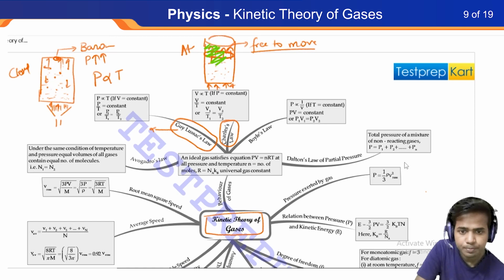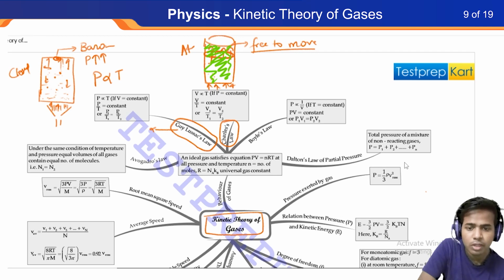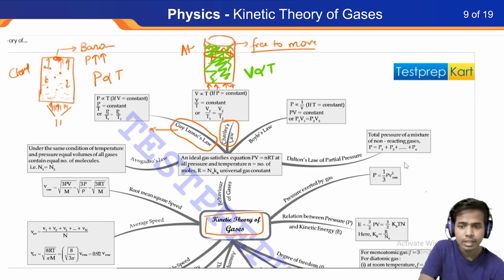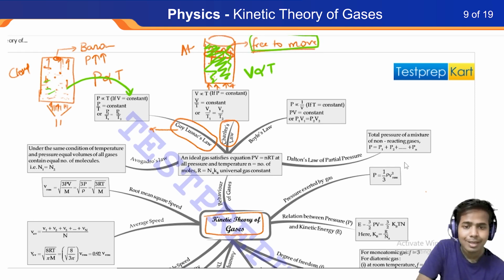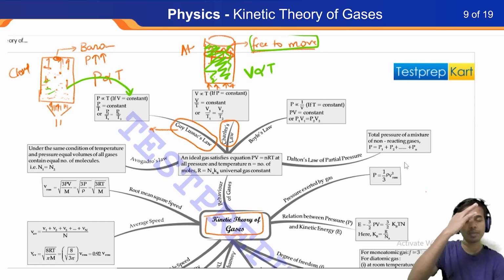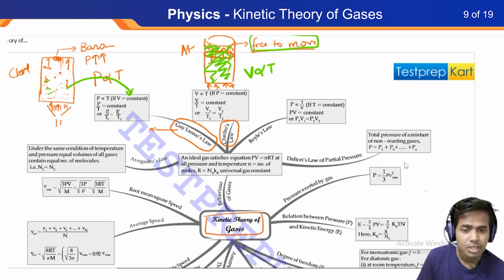Whatever volume it has, due to which he gave the law, Charles's law, that volume is directly proportional to T. You have to consider some things here: since this was a closed container, the volume must be constant, and since this was a free to move piston or free to move lid, the pressure must be constant, because as soon as the pressure increases inside the system, the lid moves up, so the pressure is constant.